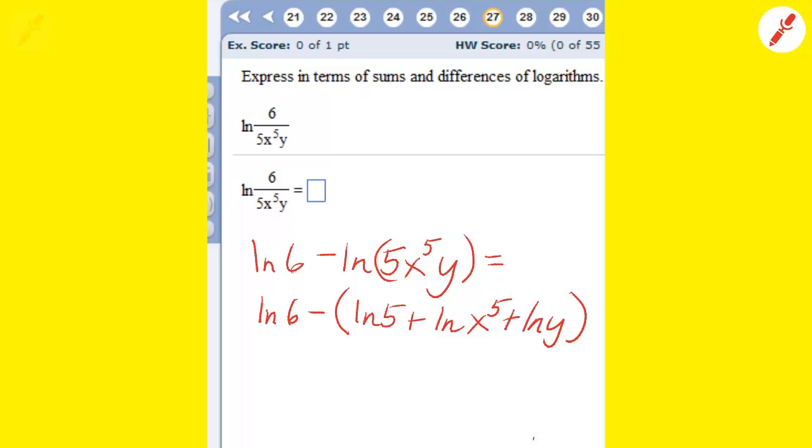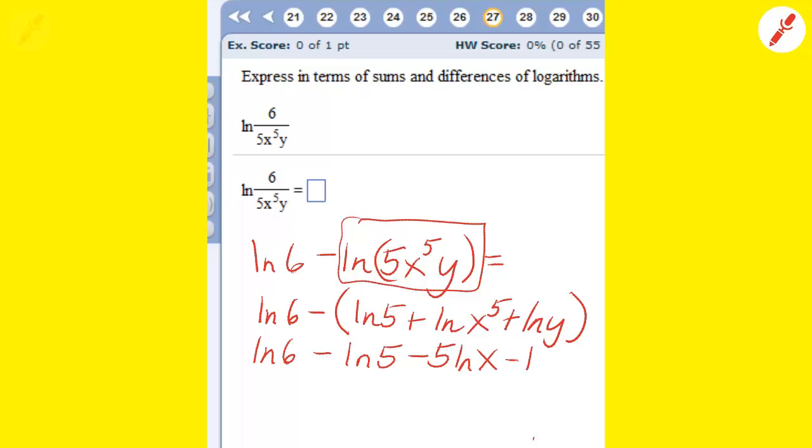I did that because this is one statement, the ln of parentheses 5x to the 5th y. Okay, so I need to handle that separately. Now I'm going to acknowledge that I'm subtracting. So I'll have the ln of 6 minus the ln of 5 minus 5 ln x minus ln y.